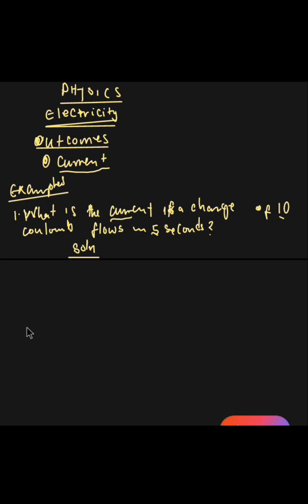So from what we discussed earlier, we were told that the formula is current, which is equal to charge over the time taken. So now we need to come up with data from the question as to what we are given so that we can be able to calculate.